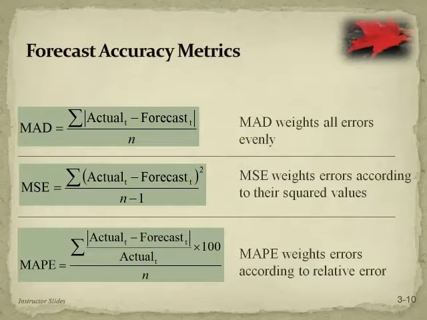So we need to have two values in order to have an average. I need at least 2 time periods, but there's no maximum. So I'm going to take the error, take the absolute value of it, add them all up, and then divide by the total number of time periods.